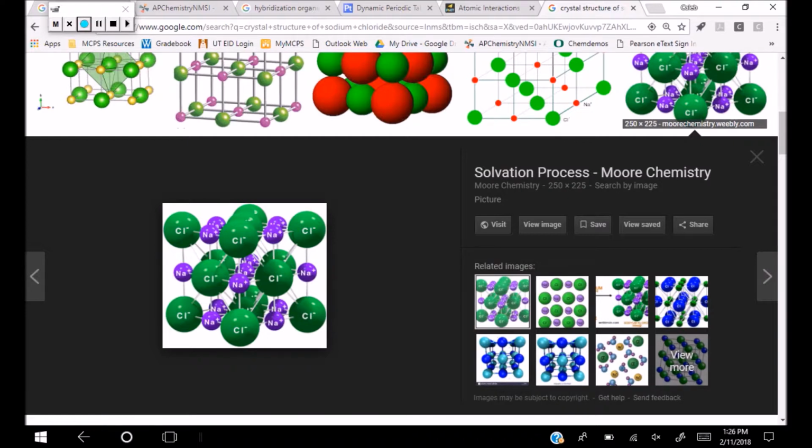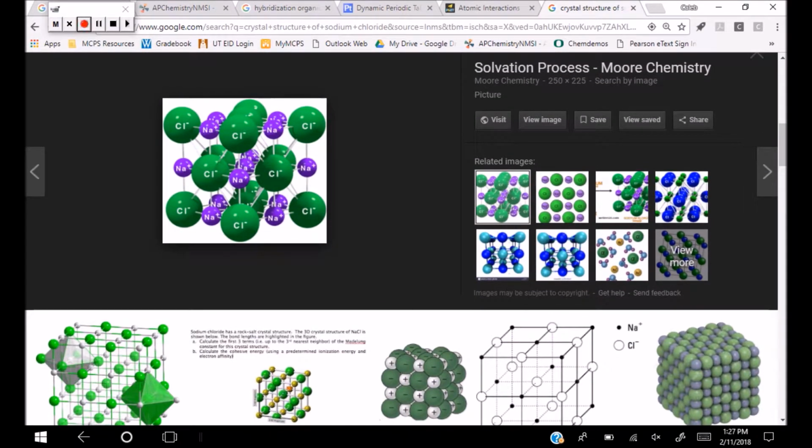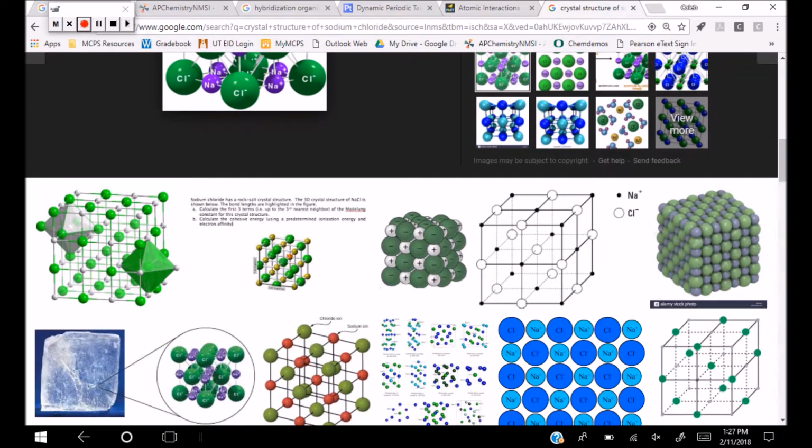Not all crystal structures are cubic. We will look at different crystal structures later, but it is important to know it's an alternating network. In terms of separating a sodium and a chlorine in that crystal structure, that would be our lattice energy. How easy is it to break those things apart from each other?